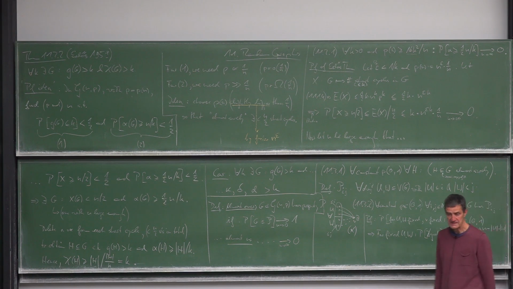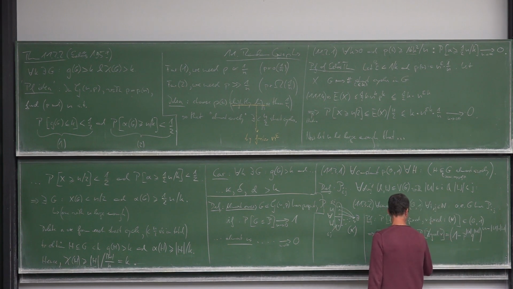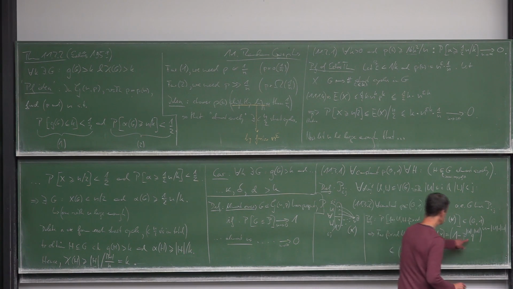Now, but this is at most one minus p to the i, q to the j, to the n minus i minus j.